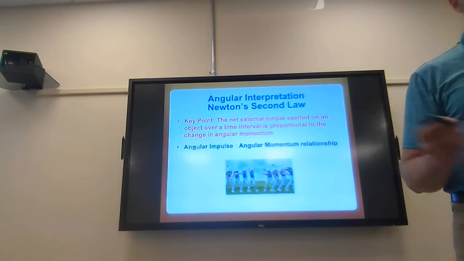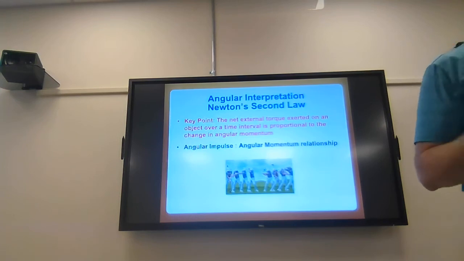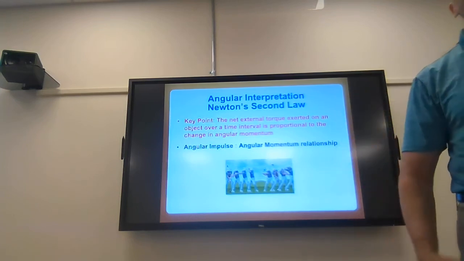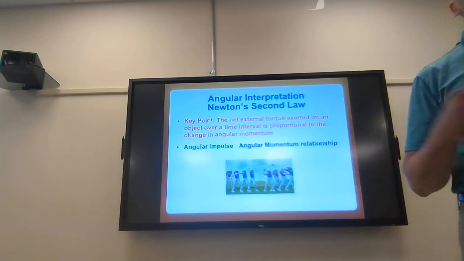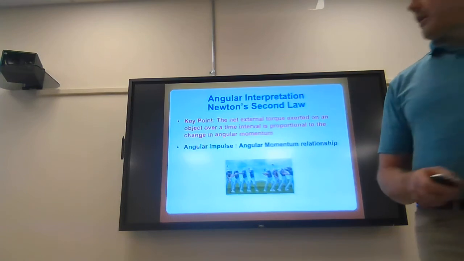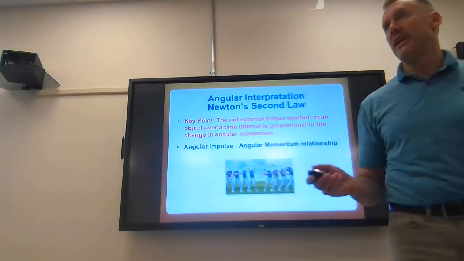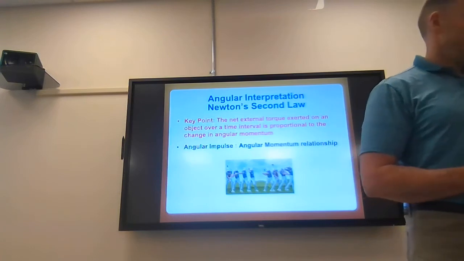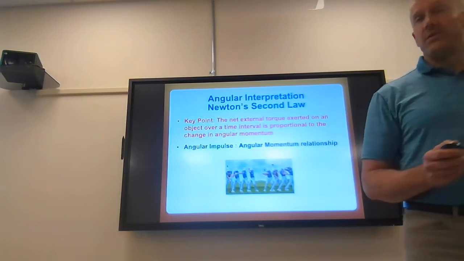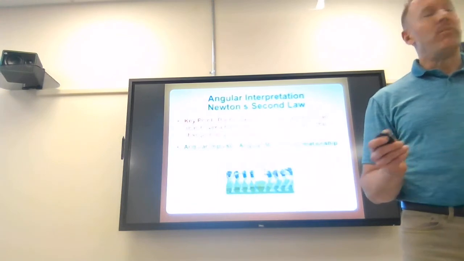Or when a pitcher like Logan winds up, the time of the windup allows him to build force so that the ball has the most momentum or velocity when it's released. So with momentum, whether linear or angular, we're talking about a change in velocity. That's what produces the change in momentum.